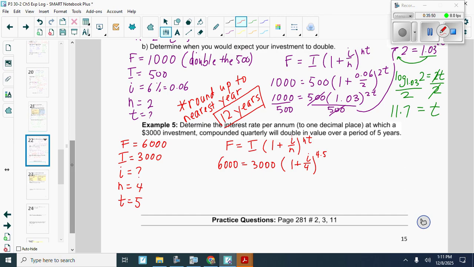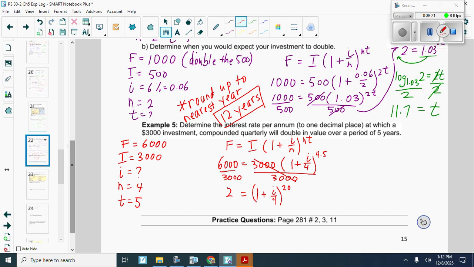So in this case, I'm still going to divide both sides by 3,000. Now we have our unknown raised to some exponent. This is the one where we want our unknown to have the exponent of 1.